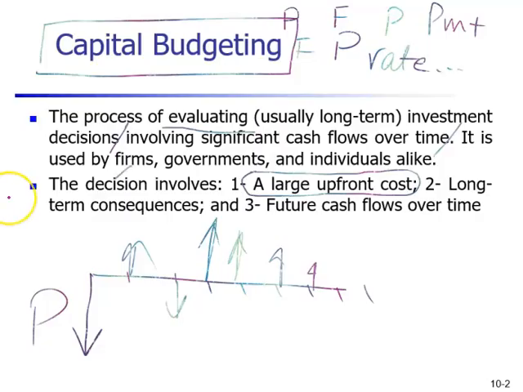For firms, they go, for example, and get a new machine that can cost them hundreds of thousands of dollars or even millions of dollars. For government projects, how we are supposed to use this type of analysis, we had about left turn lanes and right turn lanes.